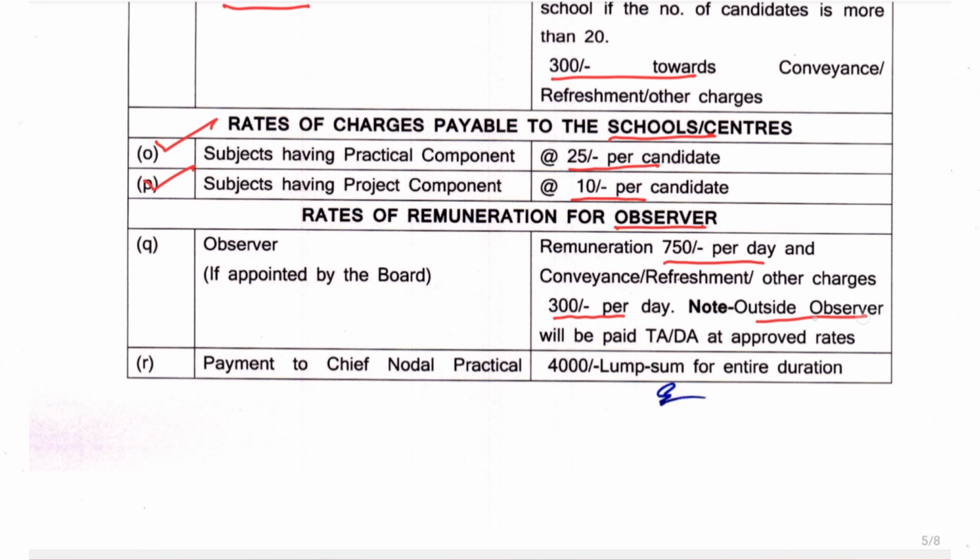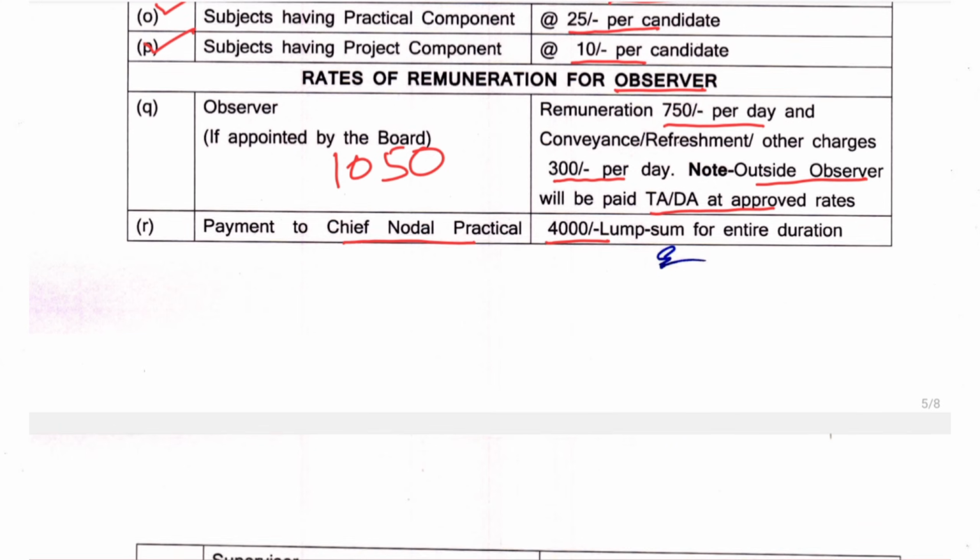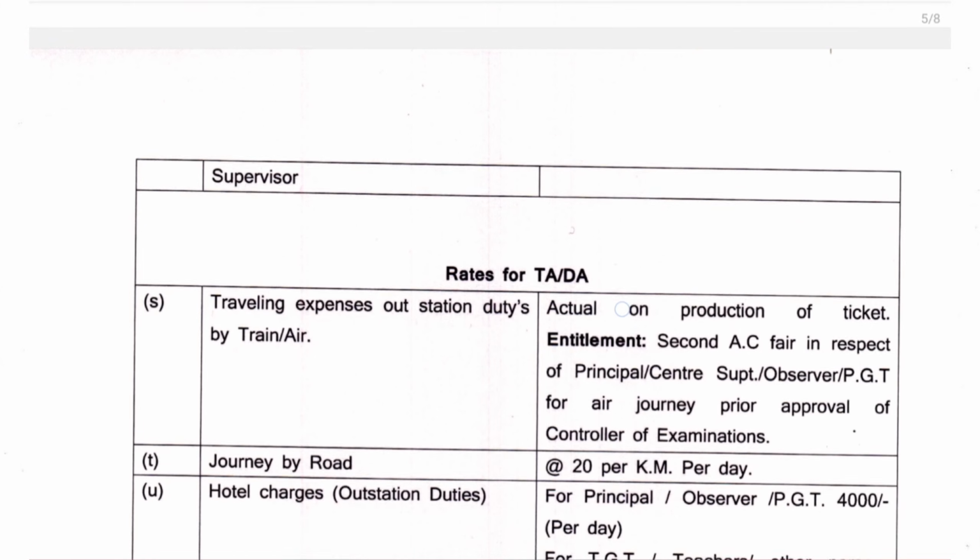For an outside observer, you are going to get TADA at the approved rate. I will show you that as well. So without TADA, you are going to get 1050 rupees per day. Then for payment for chief nodal practical, you are going to get a lump sum amount of 4,000 rupees.